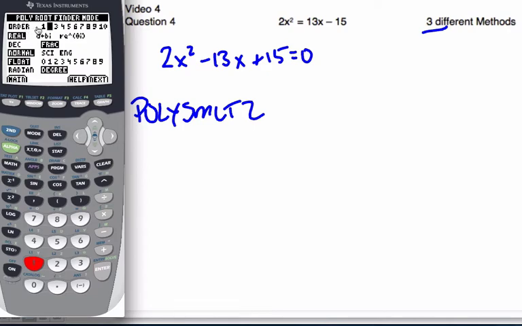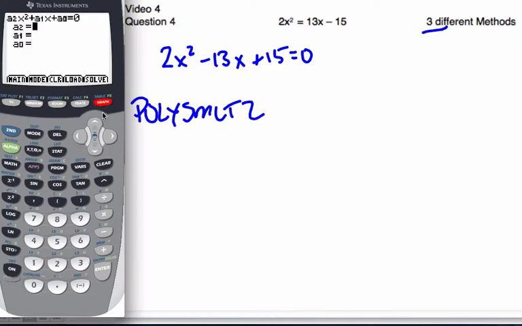What's the degree? The highest degree is 2, so the exponent is 2, that's good. All the other things are okay, and then this is my main menu, help, and then next is the graph key. And I'm going to put my numbers in. The number in front of x squared is 2.